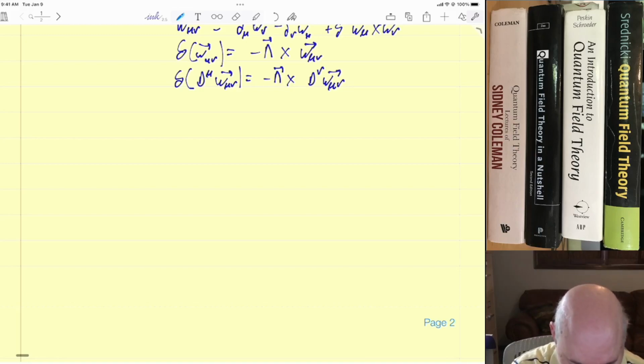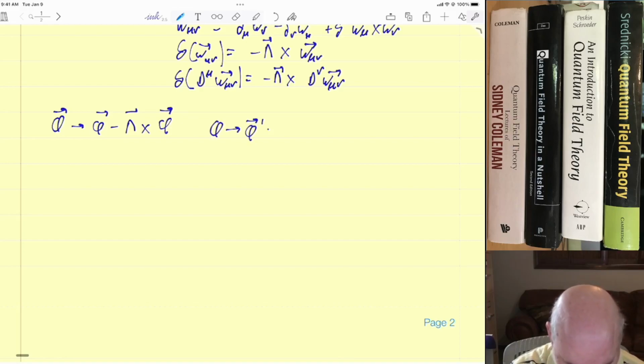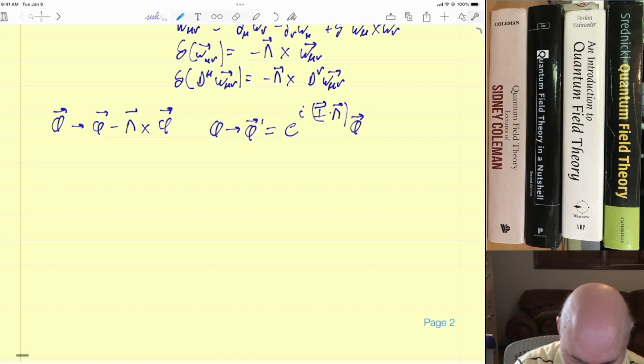So we can write phi goes to phi minus lambda cross phi, we can write this as phi goes to phi prime, which is equal to e to these matrices I. This is a set of 3 by 3 matrices. And we're going to apply this transformation. And the I's are the representation of the SO3 group.